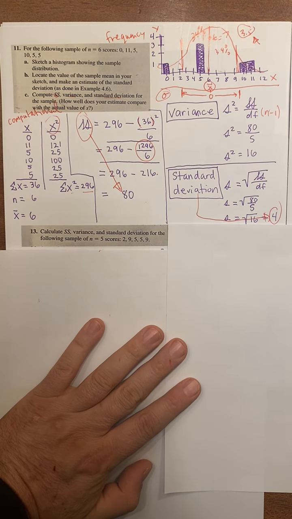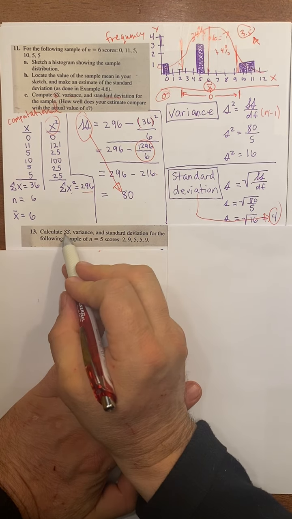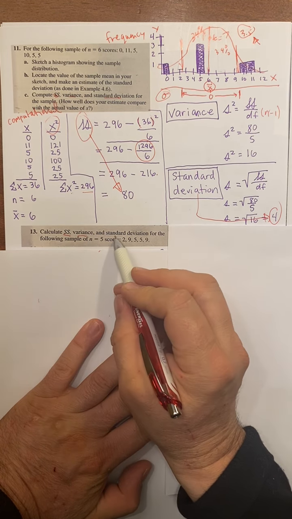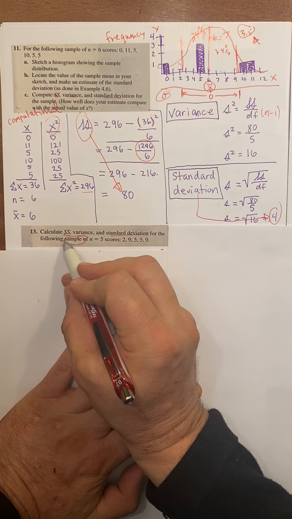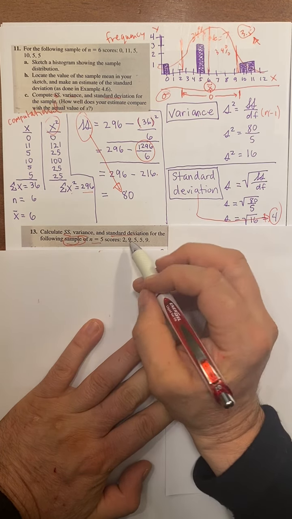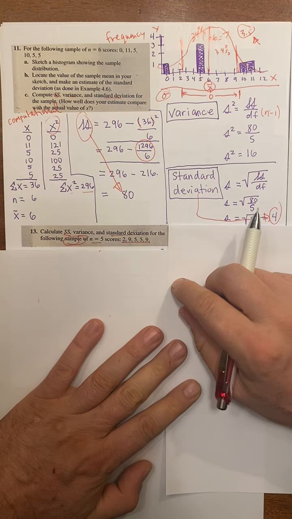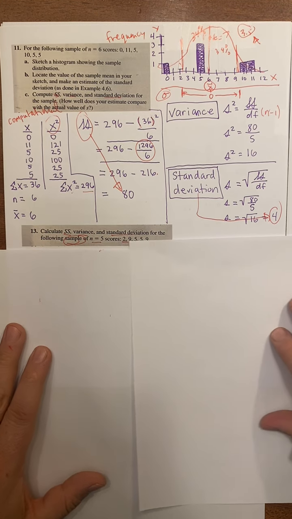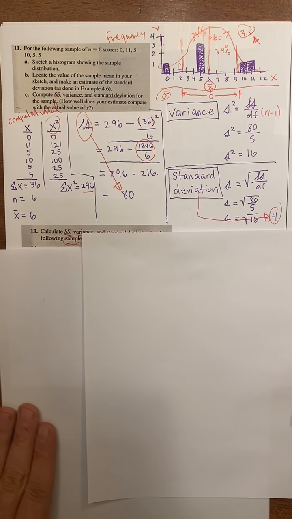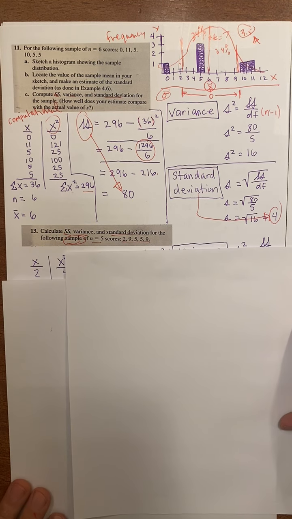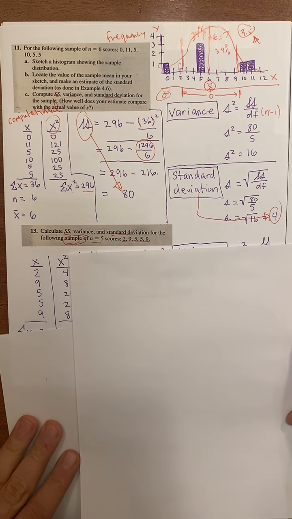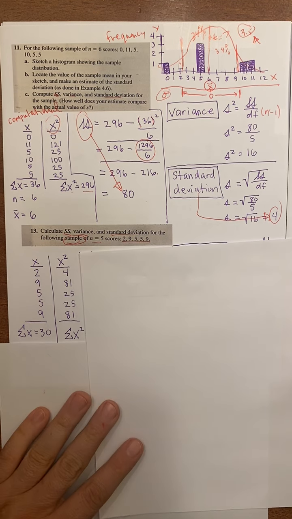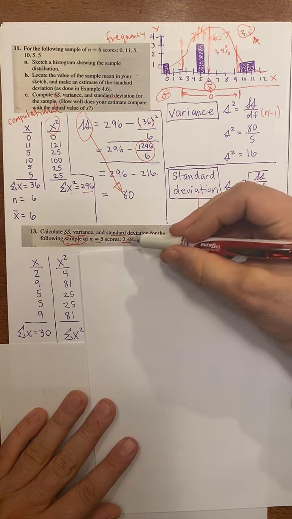Here we're saying calculate the sum of squares, the variance, and the standard deviation for the following sample. So it's a sample of n equals 5 scores, and there's the data. Just to be consistent, I'm again going to use the computational formula. I first created my table of the data.